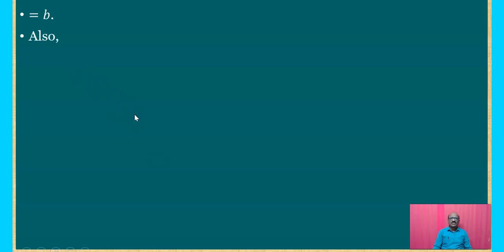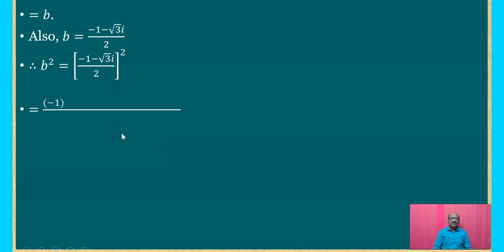Okay. Now next, b is equal to (minus 1 minus root 3 i) upon 2. Its square is (minus 1 minus root 3 i upon 2) whole square. Minus 1 square plus 2 times minus 1 into minus root 3 i plus (minus root 3 i) square, upon 2 square. 1 plus 2 root 3 i, and (minus root 3 i) square means what?